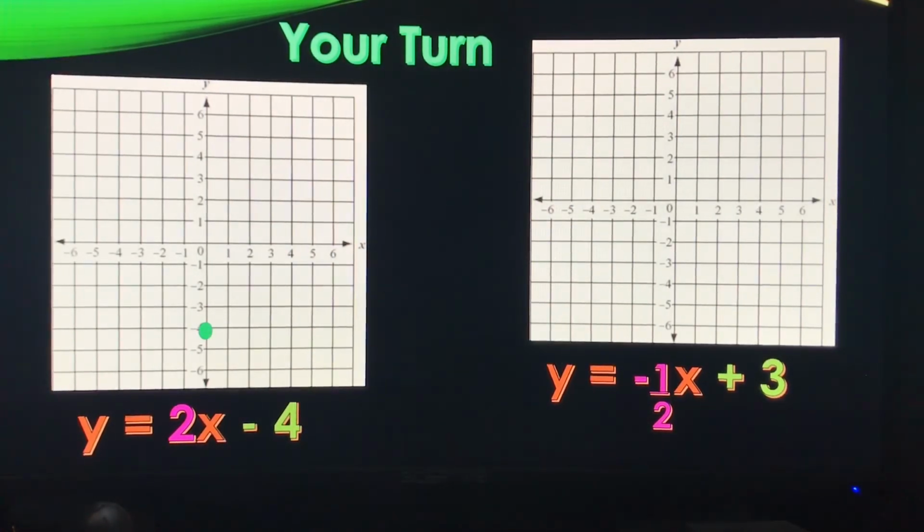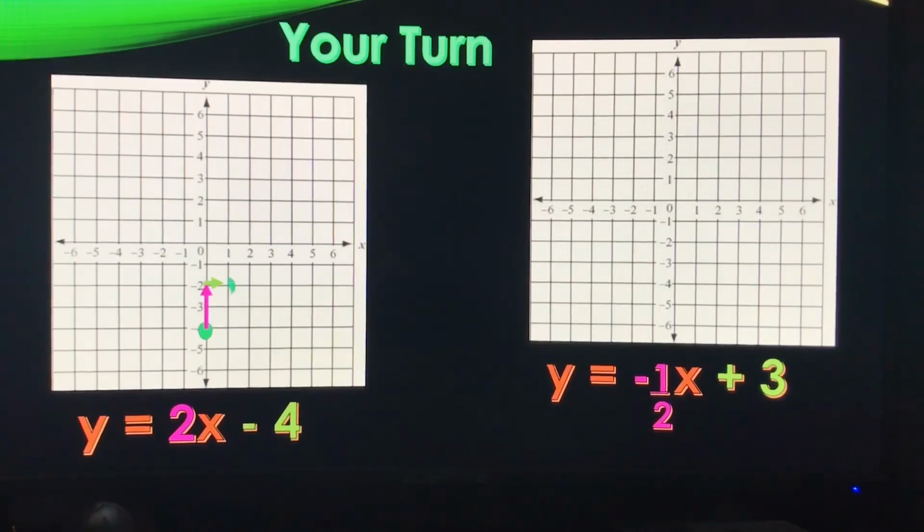So on my first one, we notice my y-intercept is -4. So I'm going to start with a point at -4. My slope is the same as my last problem, 2, meaning it's a +2. So I'm going to go up 2, and it's over a +1. I'm going to go right 1.